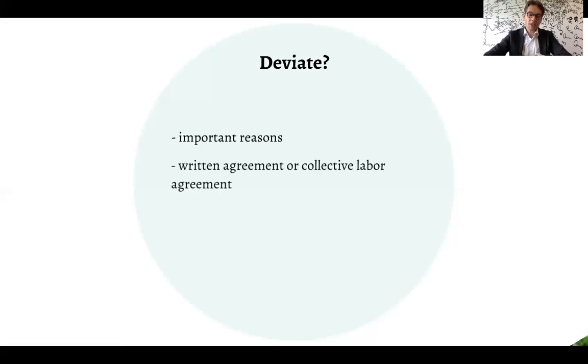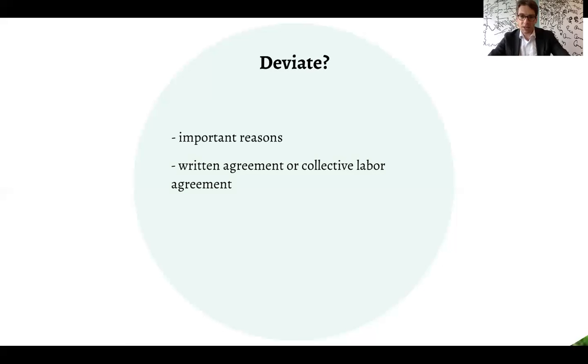Another possibility to deviate from the standard rule that the employee's holidays are set in accordance with his or her wishes is that if you would agree otherwise upfront in a written agreement or in a collective labor agreement, in Dutch CAO. The original idea behind this possibility was to make it possible for employers to impose holidays during periods when the company is closed or when there is less work.